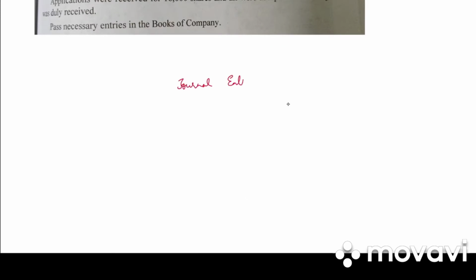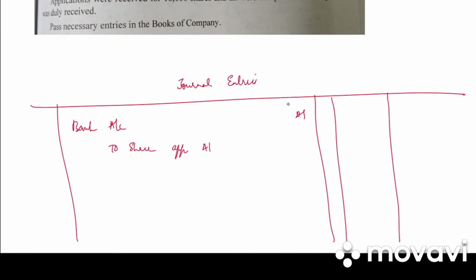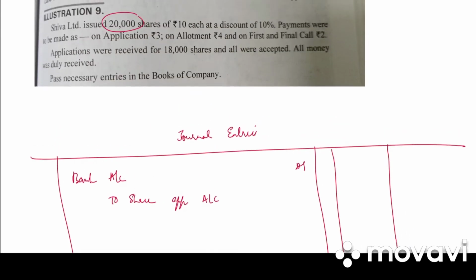So for the journal entries, draw the format: date, particulars, LF, debit and credit. The first entry will be bank account debited to share application account. Instead of writing 20,000, you will take only 18,000 shares, which is applied for by the public. So 18,000 into 3, 54,000, 54,000.